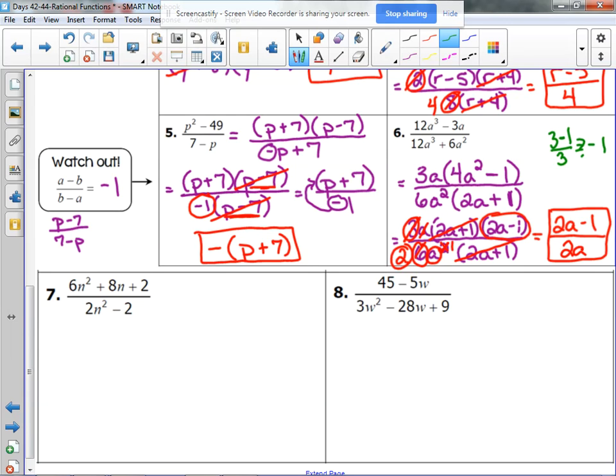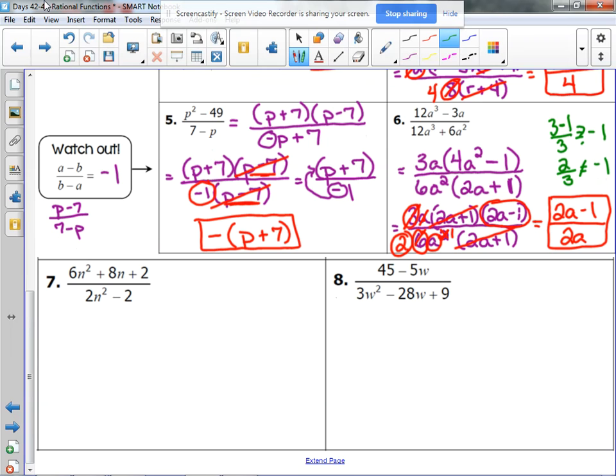No. 3 minus 1 is 2, and 2/3 is definitely not equal to negative 1. You can't cancel it there, so you cannot cancel it here. You can only cancel things when you are multiplying and you mark out the entire factor. If there's a plus or a minus, you cannot cancel.